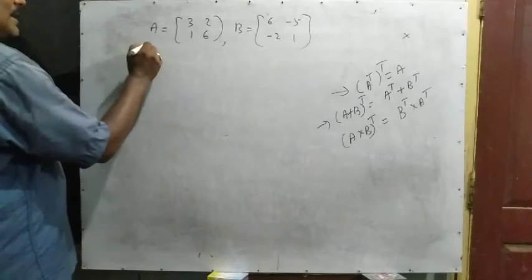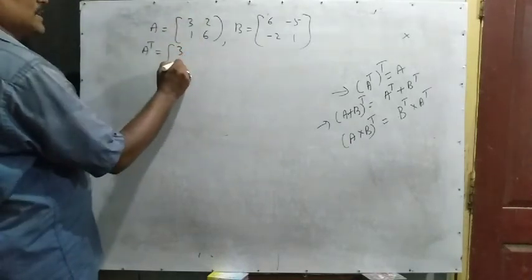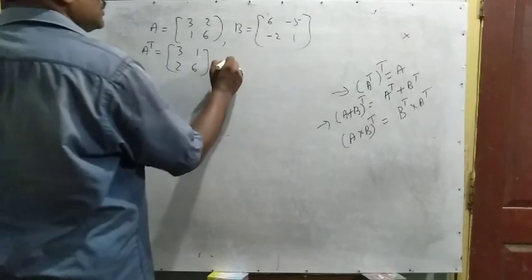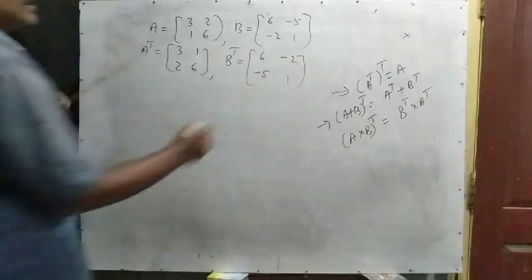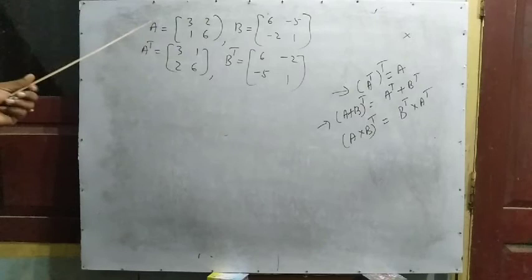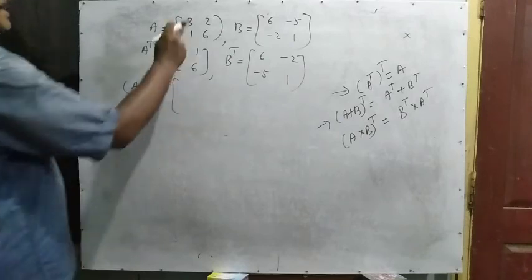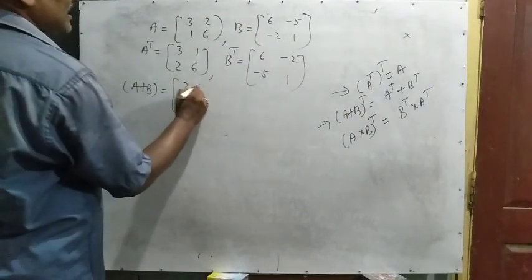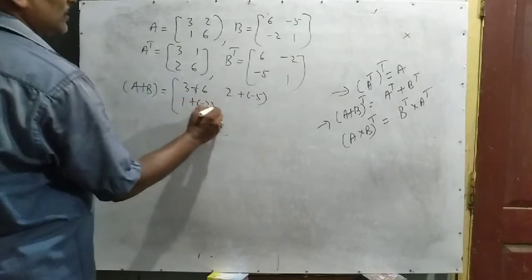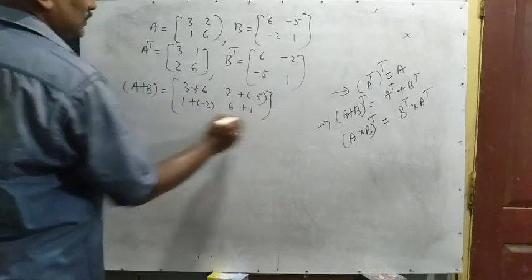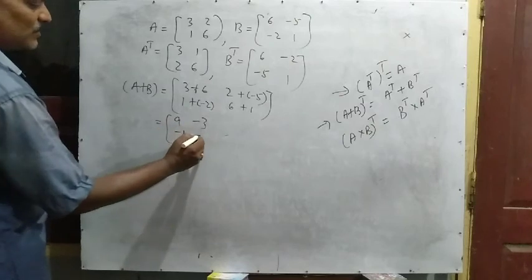First of all, find A transpose: 3 2 becomes the first column and 1 6 becomes the second column. And B transpose is similarly found. Transpose means rows and columns interchange. Now A plus B: you simply add these two, 3 plus 6, 2 plus minus 5, 1 plus minus 2, and 6 plus 1. So the value equals [9, -3; -1, 7].